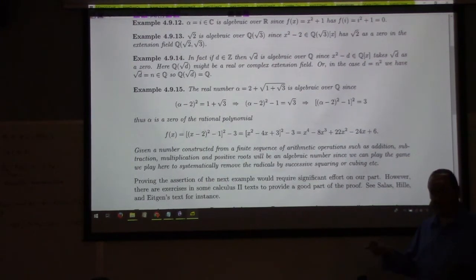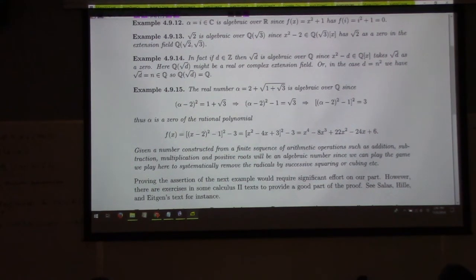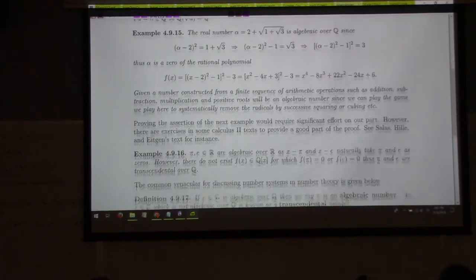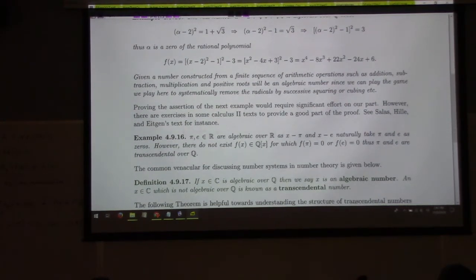Just work backwards, basically. If your number is constructed from a finite series of square roots, cube roots, stuff like this, you can work backwards to find a polynomial. However, I should be clear, that does not prove the polynomial is irreducible, right? That will be important because we'll eventually give a definition.